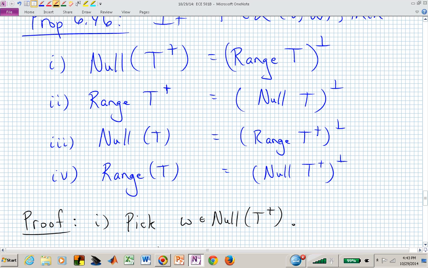We showed 1 was true, so the orthogonal complements of 1 should be true. That's 4. If we now look at the last one that we just proved, which was 3, and we take the orthogonal complement of that, the left-hand side of 3 becomes the right-hand side of 2, and the orthogonal complement of the right-hand side of 3 becomes the left-hand side of 2. So those are the same.